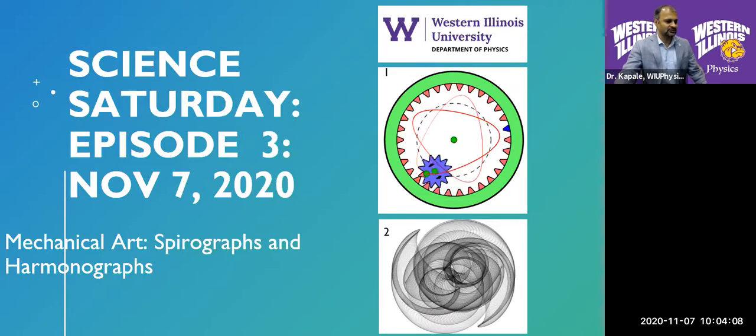And towards the end of the session today, I will give you tools and tips on making your own graphs, even videos like this one, on the computer. And then picture 2 on the slide shows something called a harmonograph. I will tell you a little bit about those.